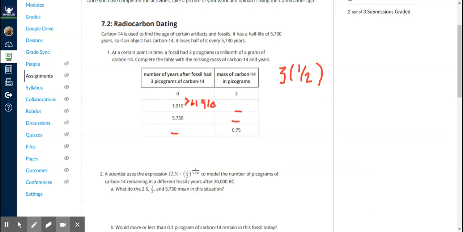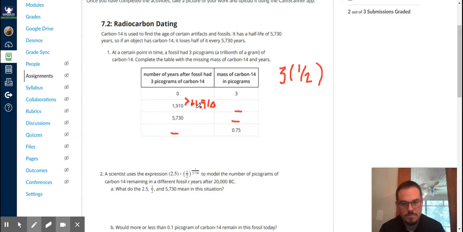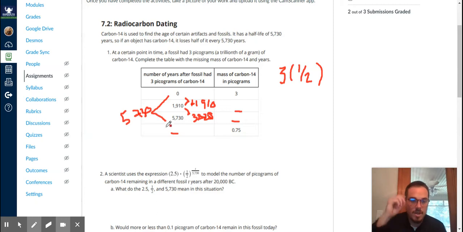We added that 3 times, or what would be considered 3,820. But then from 0 to here, we added the entire half-life cycle, 5,730. So we know 1 half-life has gone by between 0 and 5,730.